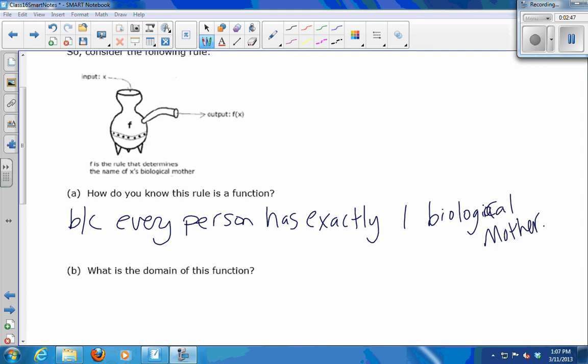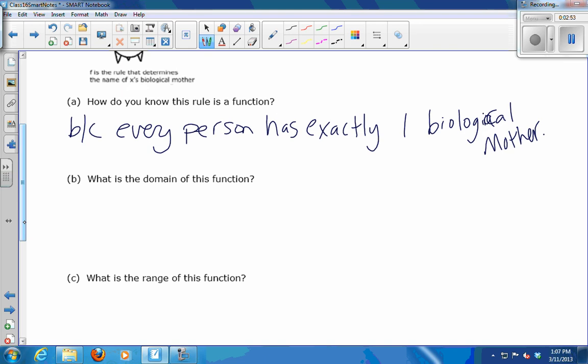The names of people. So then the function gives you the name of the biological mother. So the input, the domain, is the set of all people. You can put any person into the function machine because every person has a biological mother, right? So you can put in the name of anyone, and it's not going to jam the machine. It makes sense to ask for the name of their mother, right?